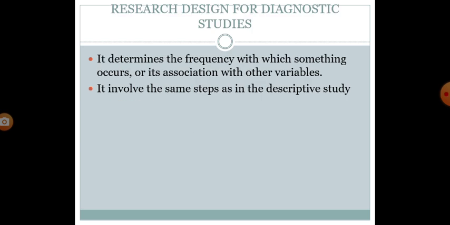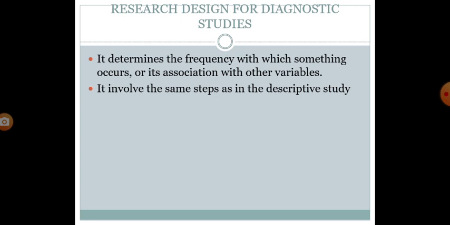The next is research design for diagnostic studies. It is more or less similar to that of descriptive research. It determines the frequency with which something occurs or its association with other variables.